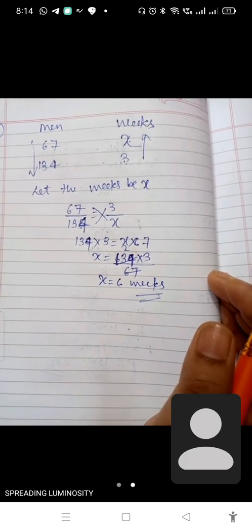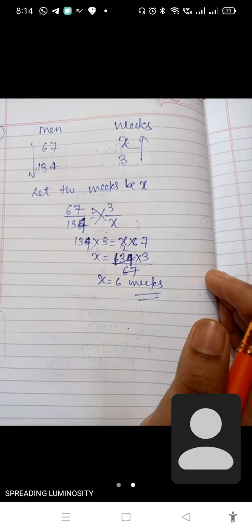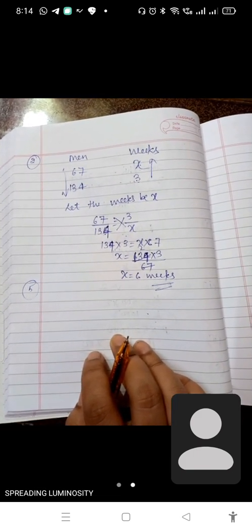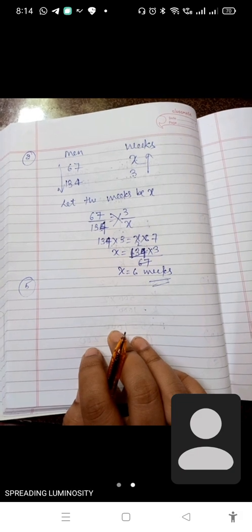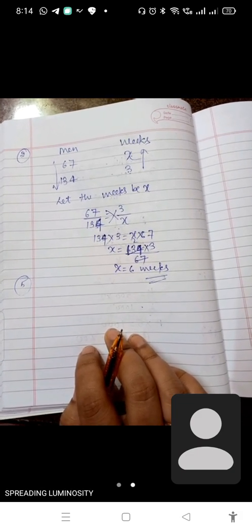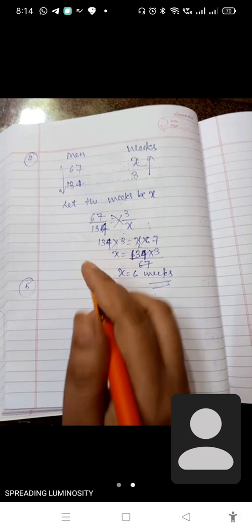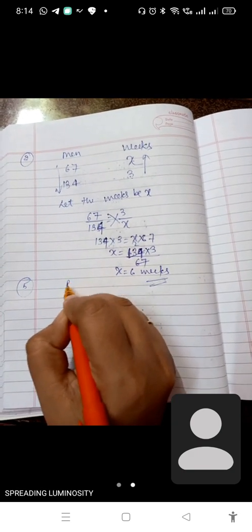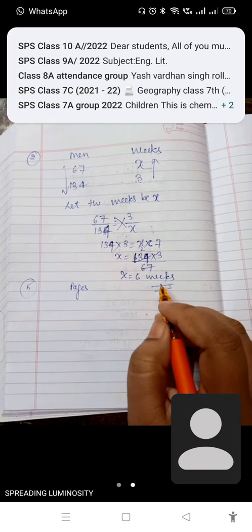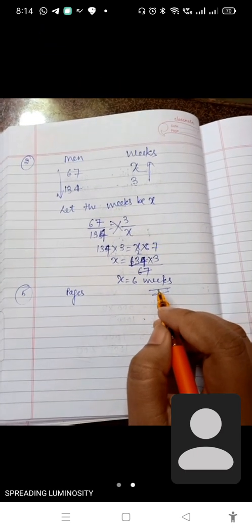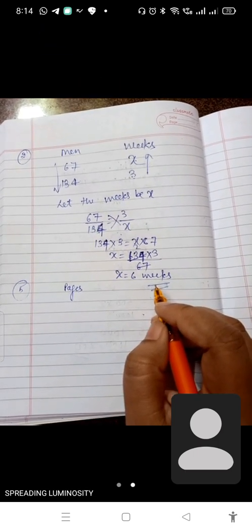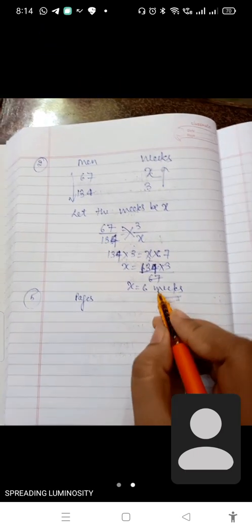I'm going to explain one more question. Question number 5 I'm going to explain. It has only 9 questions and all the questions are the same. Only digits are changed. It is found that a book will contain 540 pages. What is given? Pages and lines.